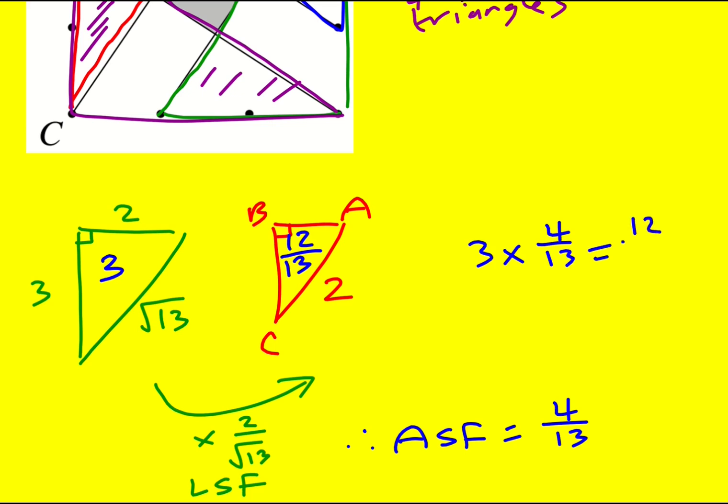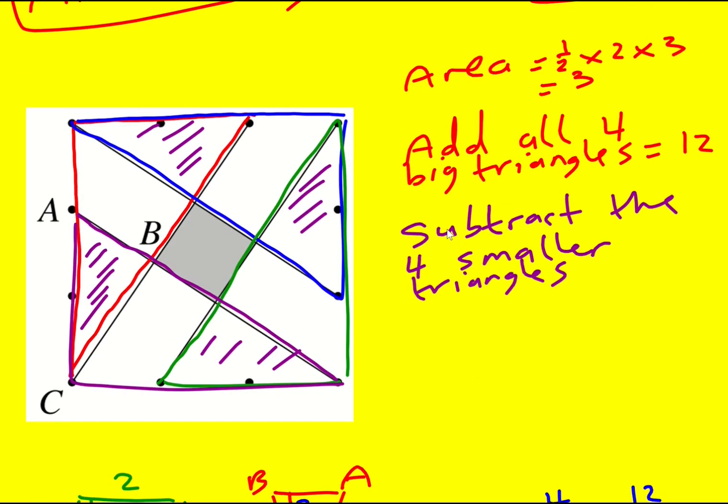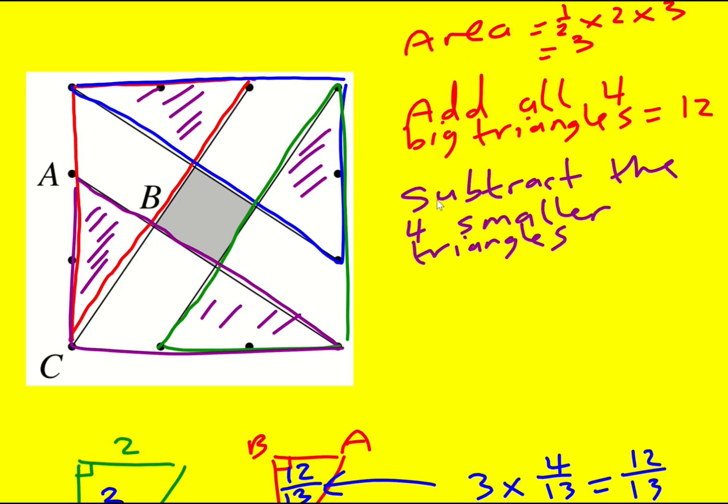Really neat. And that is therefore going to be 4 times 12 over 13, which is 48 over 13.